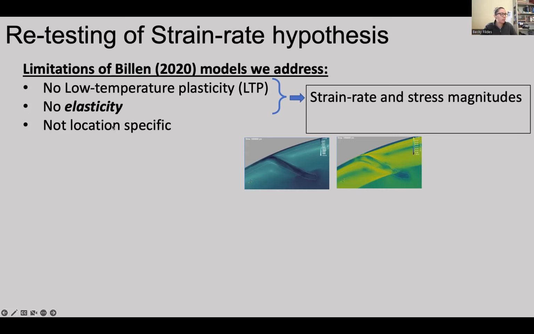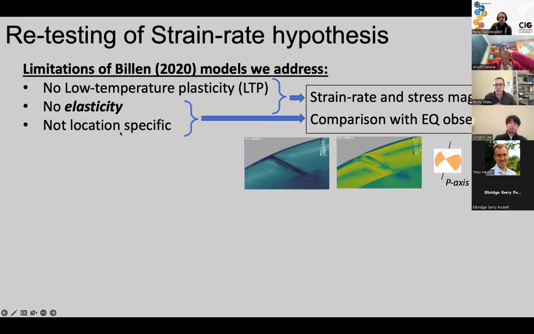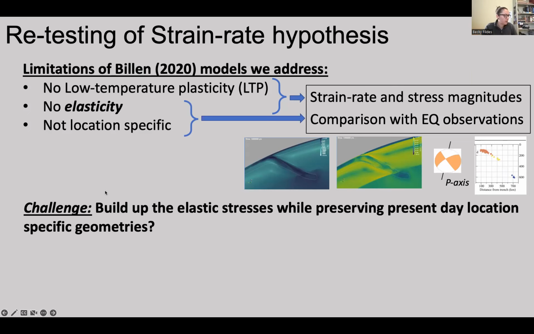Having both elasticity and a location-specific model is important when we compare with deep earthquake observations, both in terms of the locations of the earthquakes and the stress orientations we observe in the slab. One of the things I'll talk about is the challenge of keeping a present-day geometry for a specific location while building up elastic stresses in the slab.